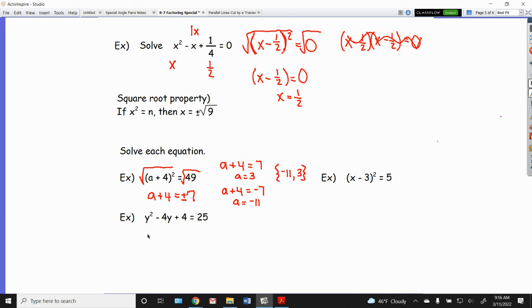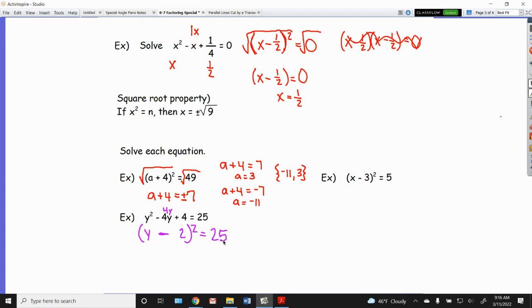So the square root of y squared is y. The square root of 4 is 2. If I multiply those two together and then double it, I do get 4y. So I know this is going to be one of those perfect square trinomials. And so I'm going to end up writing y minus 2, because that's a negative sign, squared equals 25.